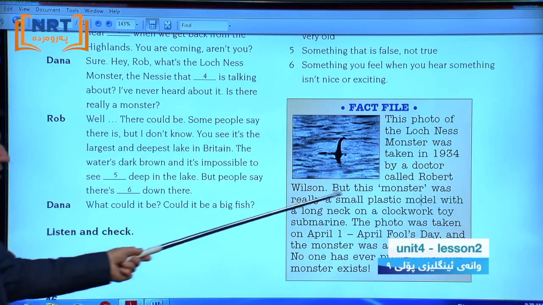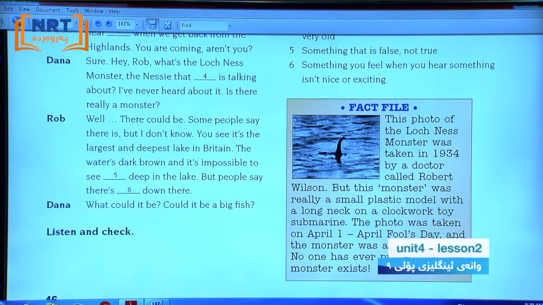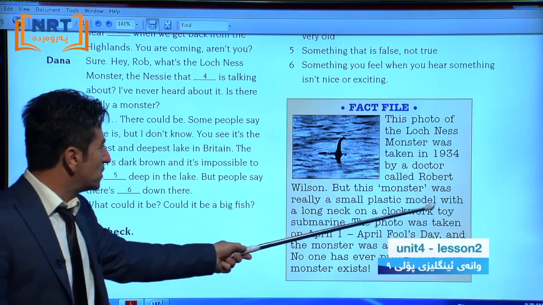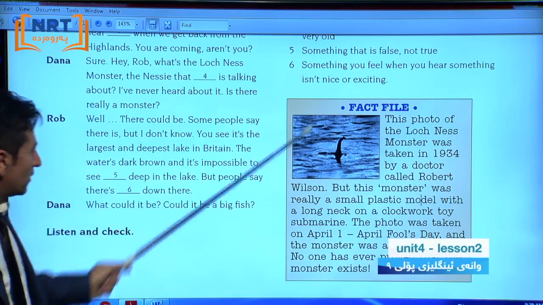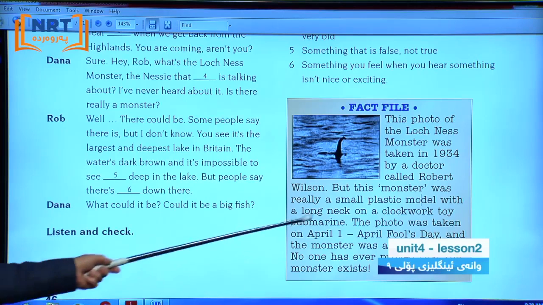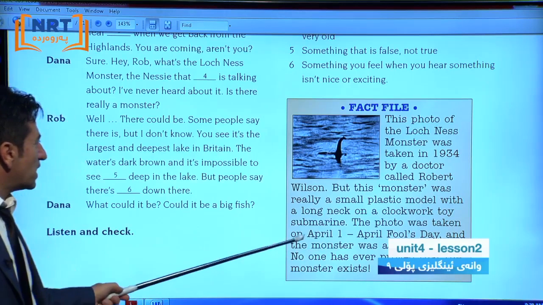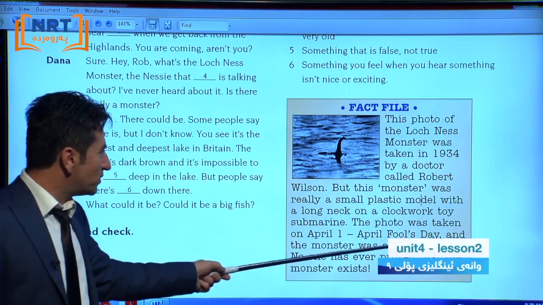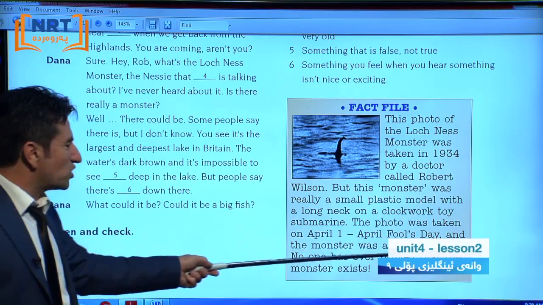But this monster was really a small plastic model with a long neck on a clockwork toy submarine. The photo was taken on April 1st, April Fool's Day.